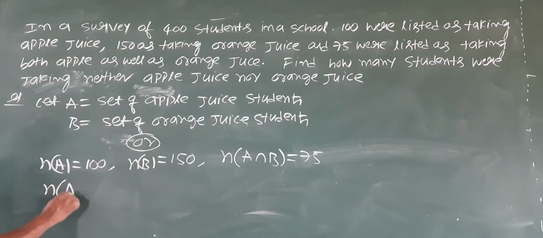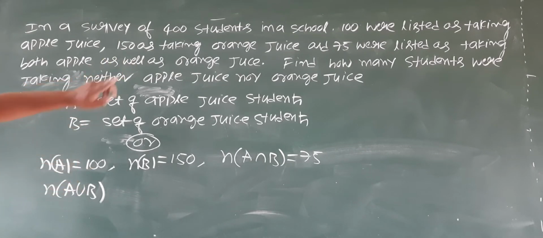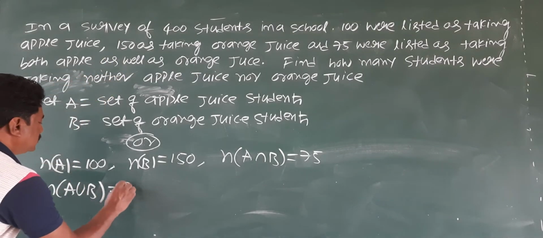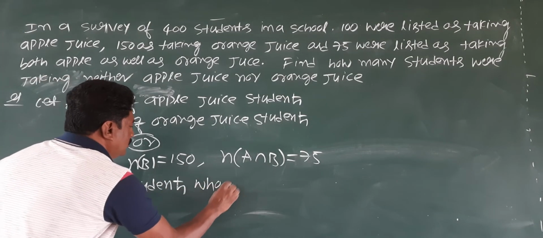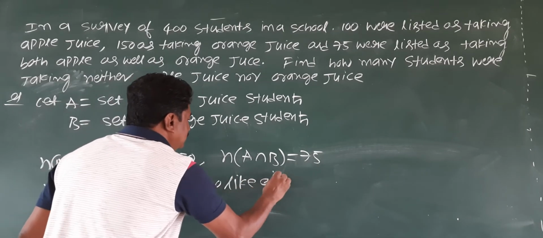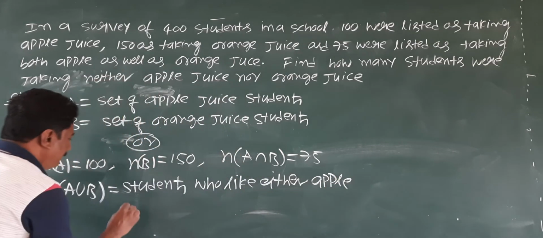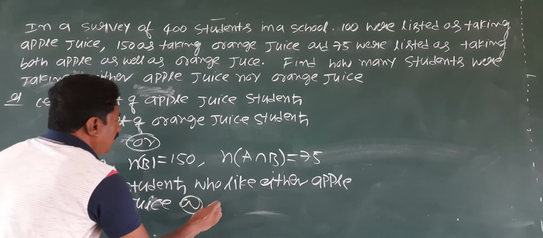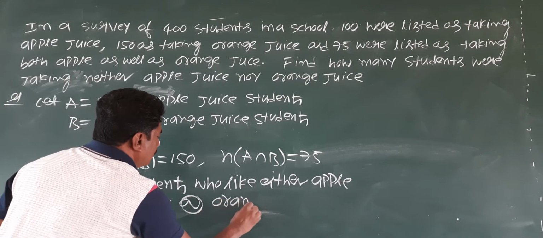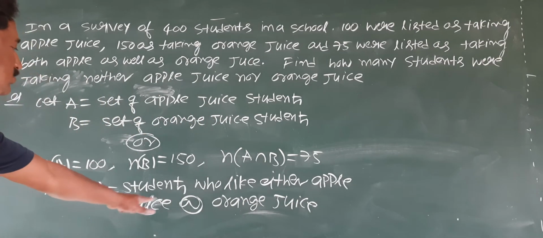Now let us find A union B, the number of elements in A union B. A union B means students who like either apple juice or orange juice.